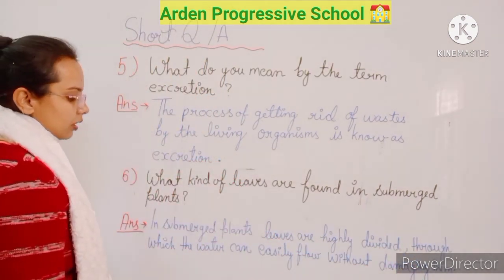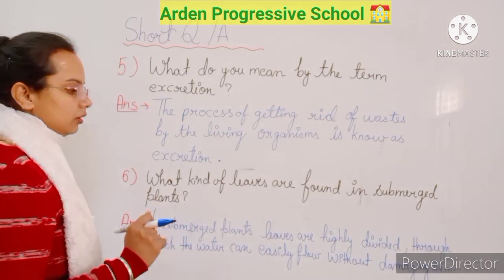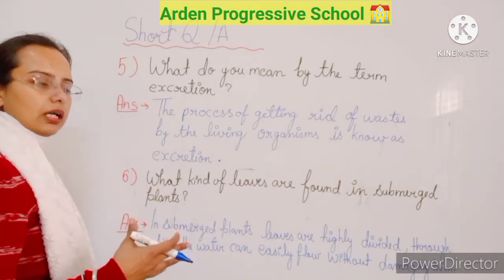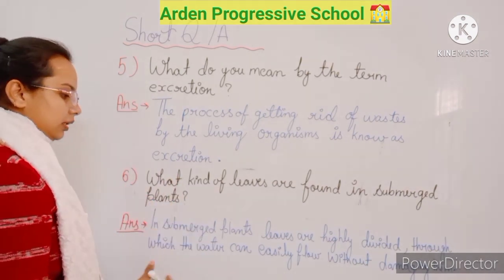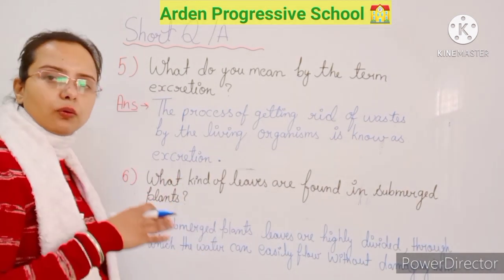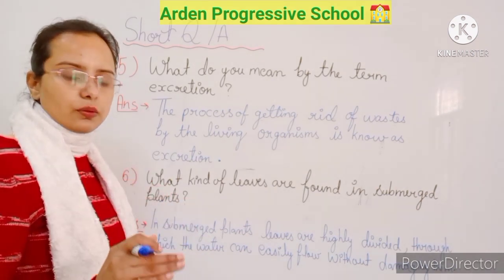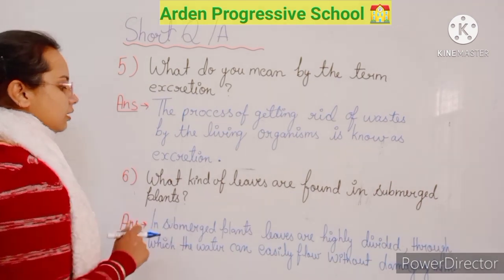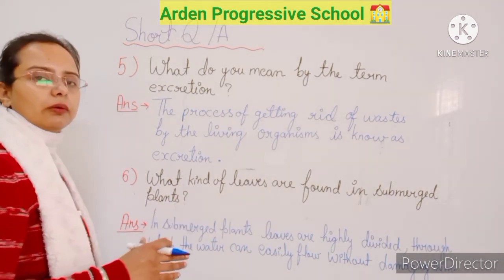The plants which are submerged in water have leaves that are highly divided, so that the water can easily flow without damaging the leaves. So this is the submerged plant and how the leaves are found in it.